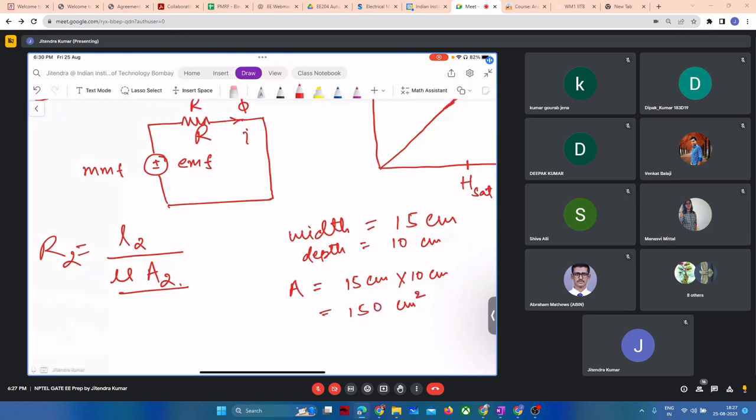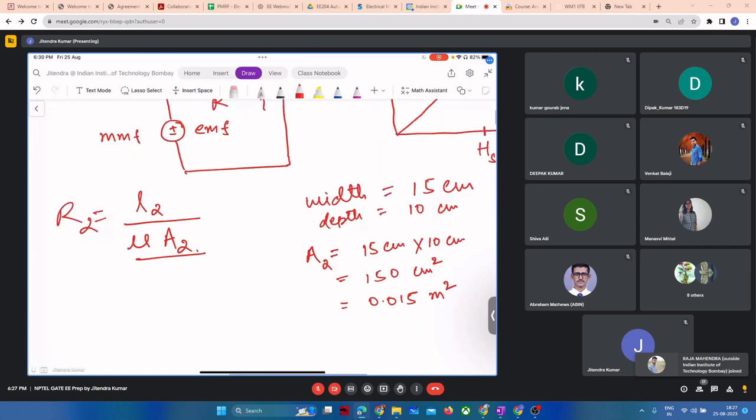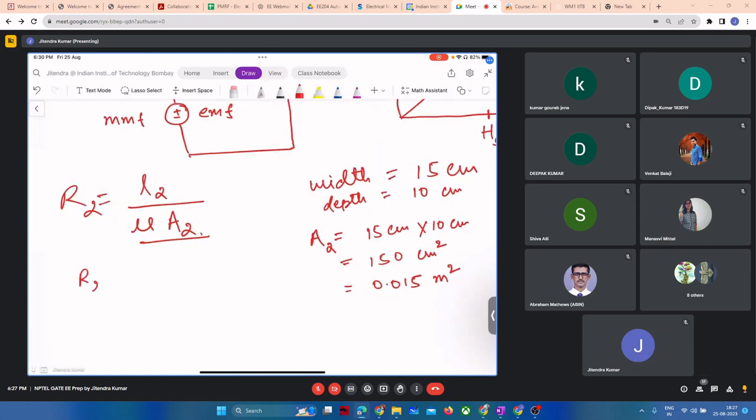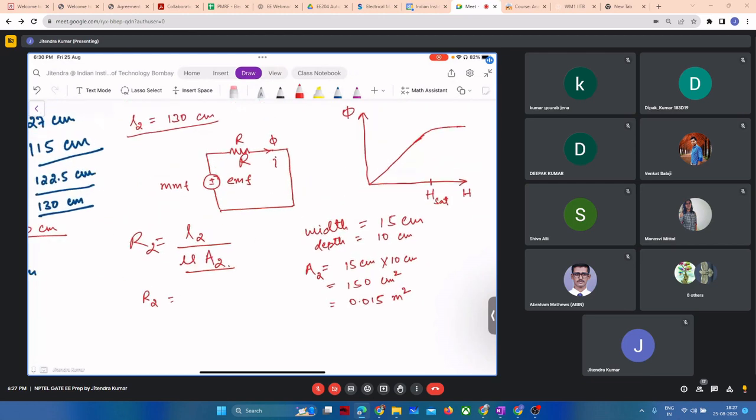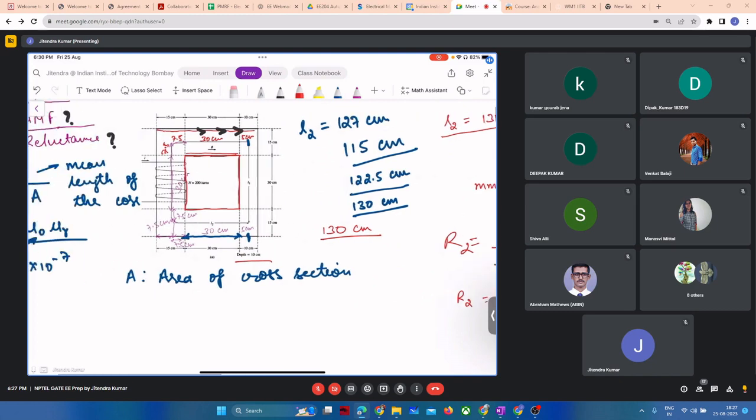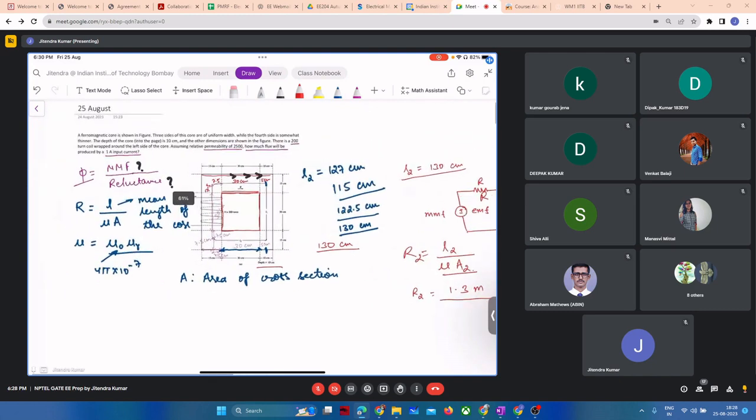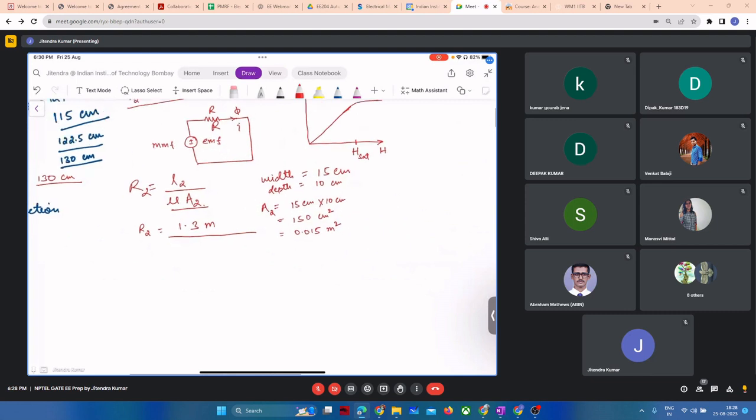If we convert into meter square, it will be 0.015 meter square. So this is A2. Now we know the values of L2 and A2, so we can compute the reluctance very easily. L2 we computed as 130 centimeter, which means 1.3 meter, divided by mu. Mu will be mu r into mu naught, where mu r is provided as 2500.